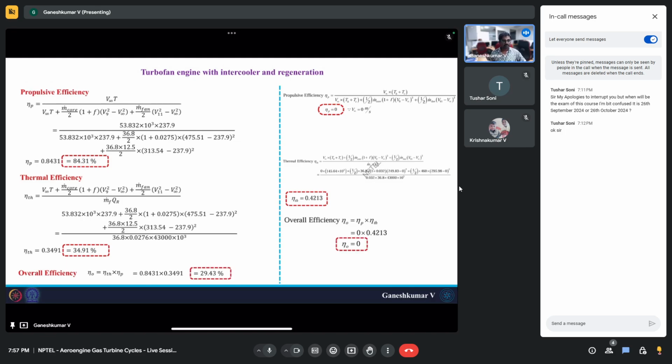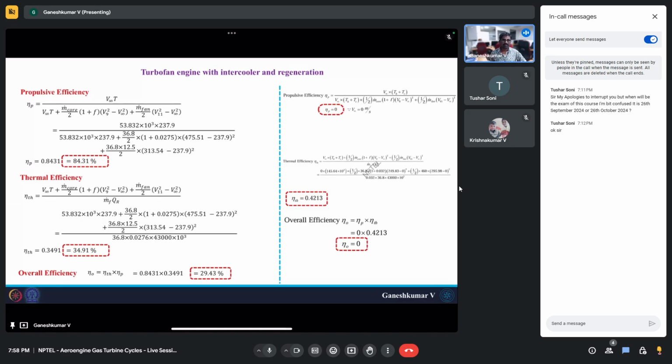So you should be a bit careful. You should not directly compare the thermal efficiency at the ground condition to the flight condition, because it doesn't really make sense. The engine is the same. What you should do is the same calculation without intercooling and regeneration, and compare its efficiencies.